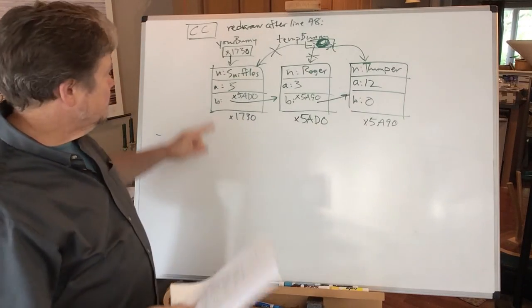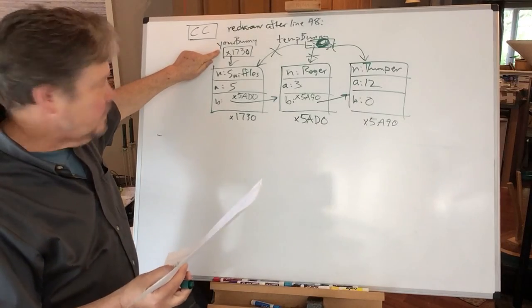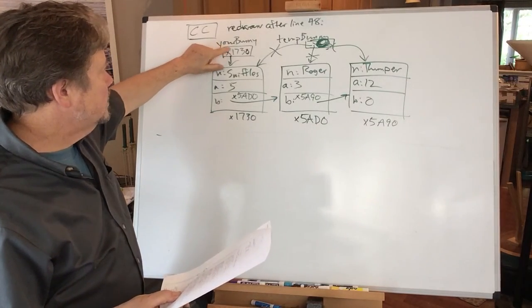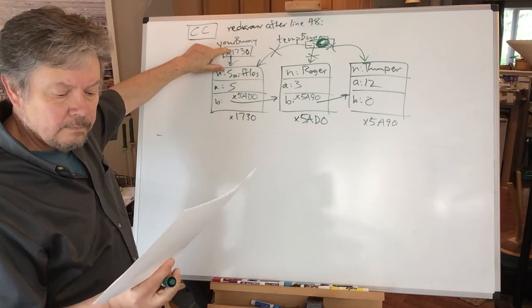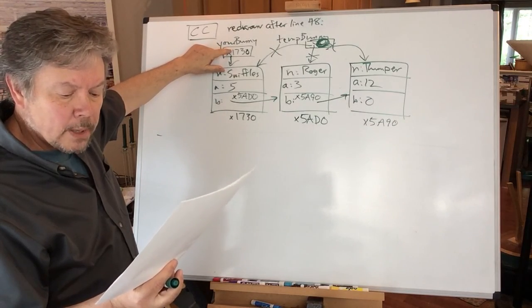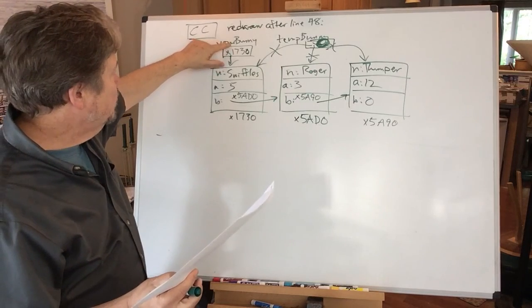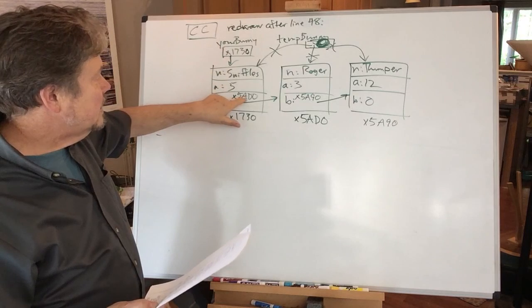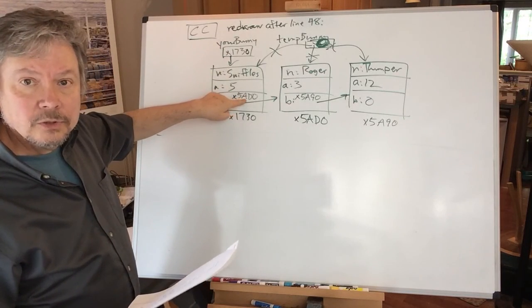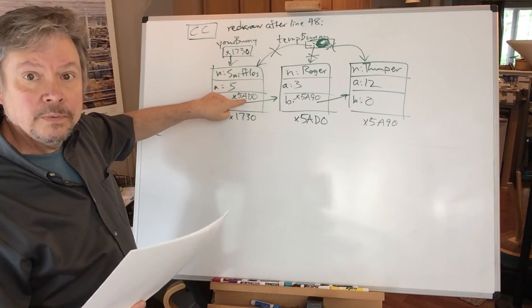Your bunny, address of your bunny. It prints out the value of variable your bunny, so it should print out the number that ends in hexadecimal 1730. That should be the first hex number we see. Then it prints out your bunny arrow BFF. It should print out 5AD0. It should print out the hex address that ends in 5AD0. Why?